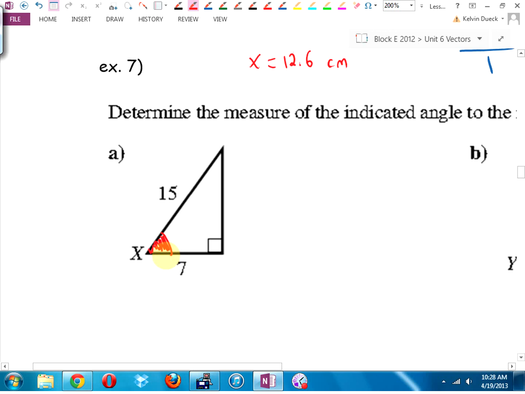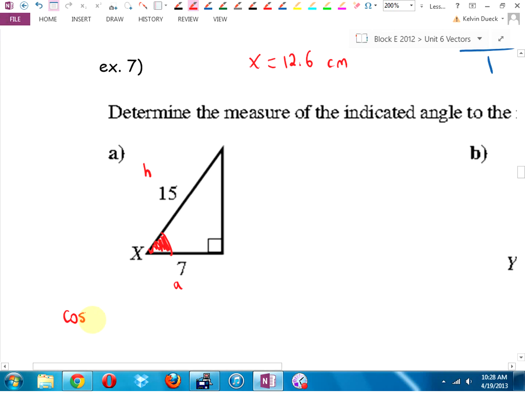That 15, opposite, adjacent, or hypotenuse? Matt, I agree. That 7, opposite or adjacent? Which trig function has the A and the H in it? Cosine. What always goes next to the trig function? The angle.